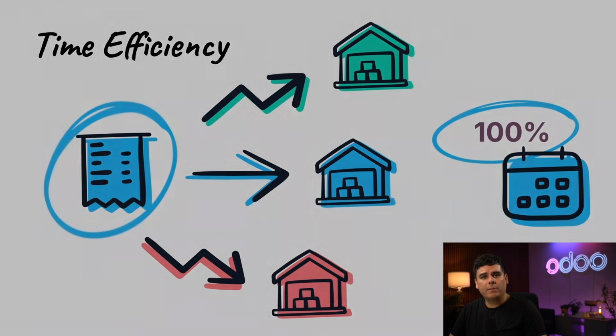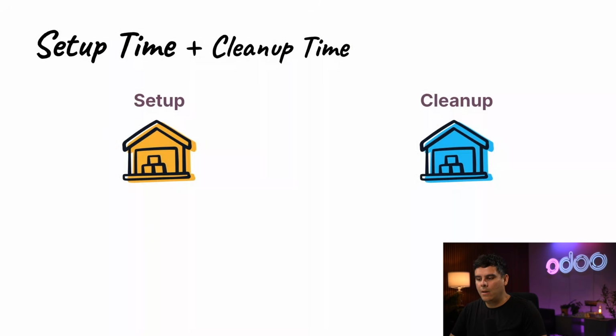All right, up next we have setup and cleanup times. Setup time, which we have over here on the left, is the time required before the work order. Cleanup time on the right is the time required after completing it. Unlike efficiency or capacity, these are fixed values that get added once for each order.